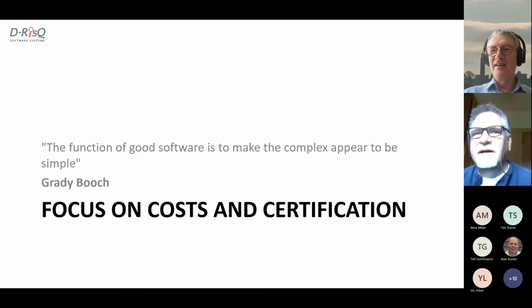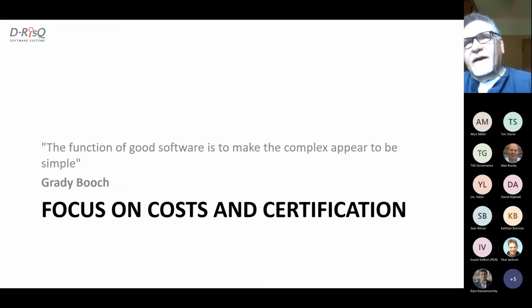Good. So I say we're going to focus on costs and certification. I'm not going to get into arguments about whether using formal methods gives you perfect software or really good software. I believe it does, but I don't think there's an empirical way to demonstrate that.